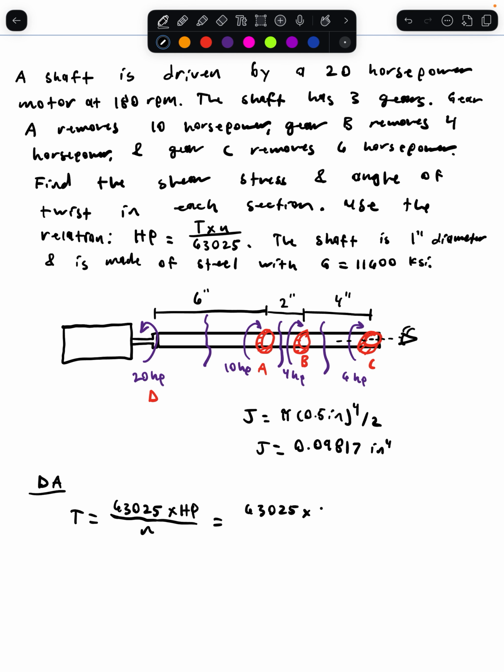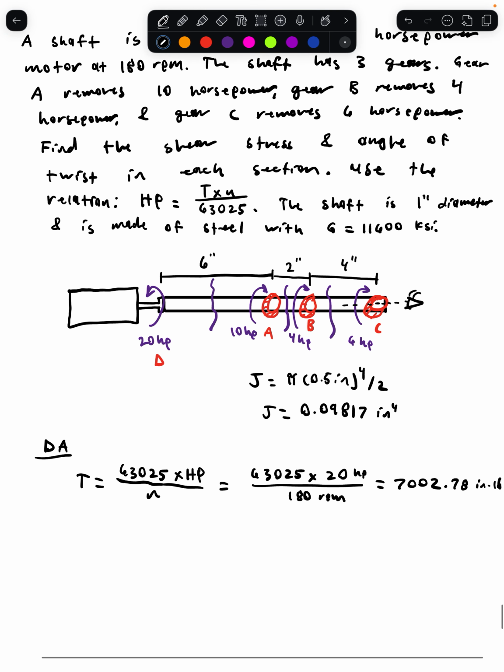So we have 20 horsepower, and we're at 180 RPM. This is going to give us an answer in inch-pounds, and like I said, this equation comes from the handbook. That comes to 7,002.78 inch-pounds.